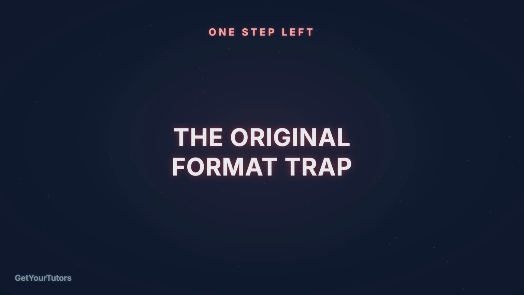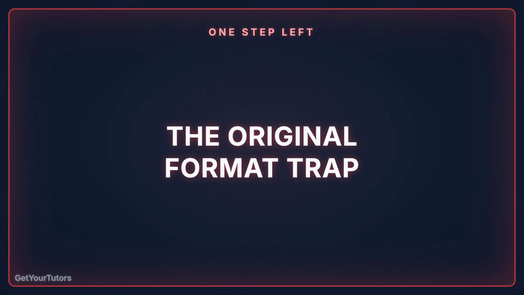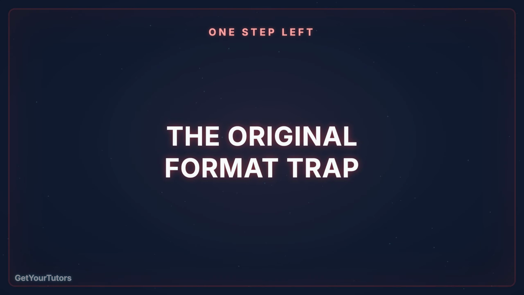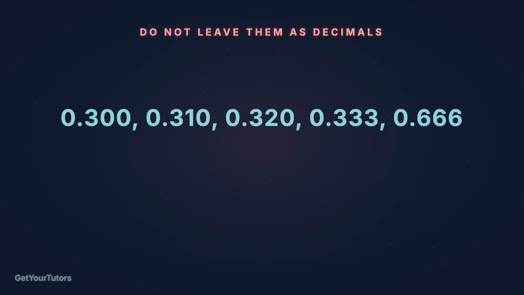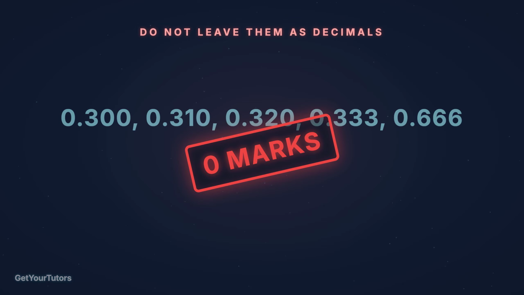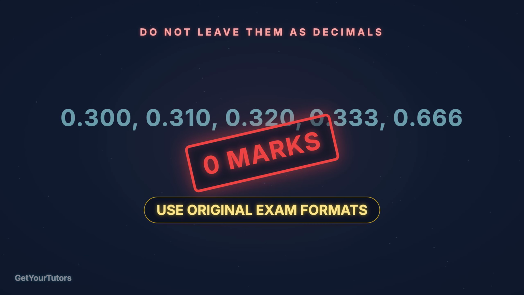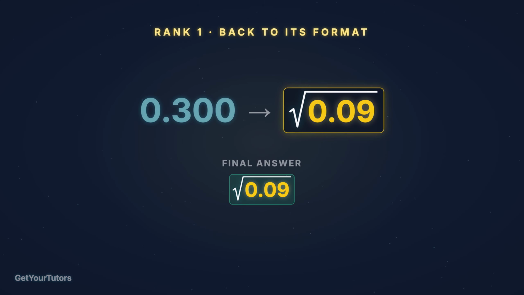We have ordered the decimals, but here is the ultimate examiner trap that will completely destroy your final grade. If you write the converted decimals as your final ordered answer, you score exactly 0 marks instantly. You must use the original format. Our smallest value was 0.3, but the original exam format was the square root of 0.09.